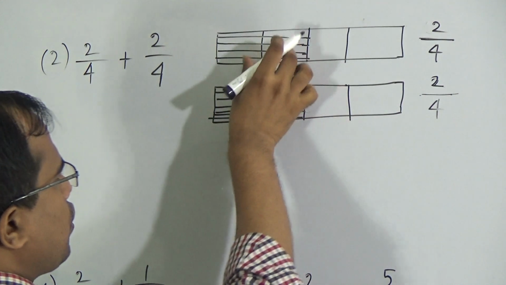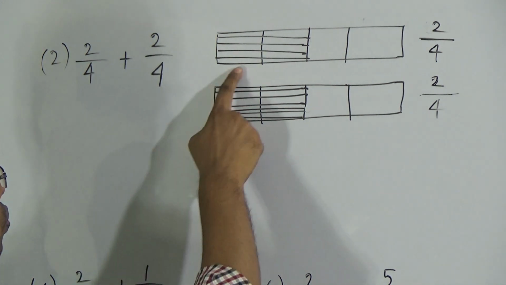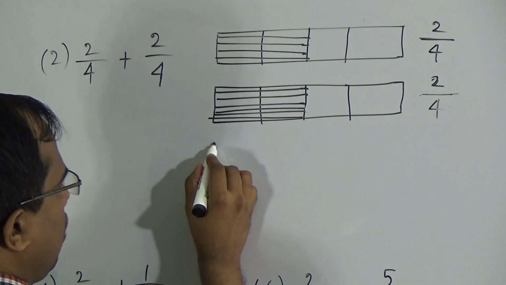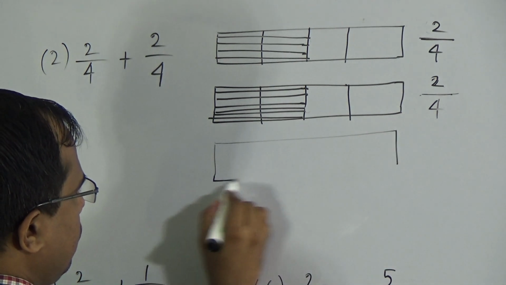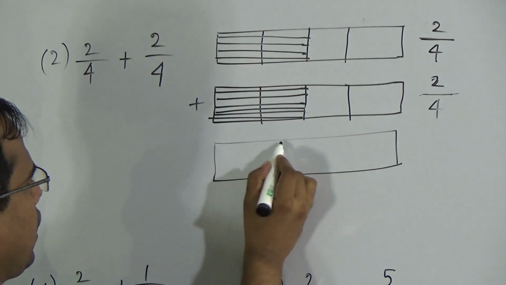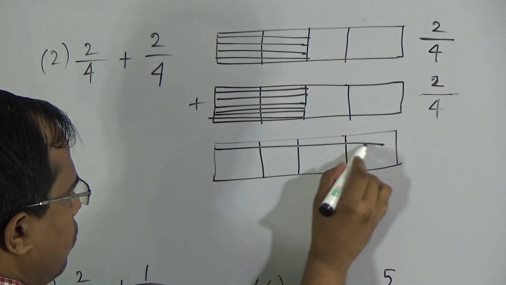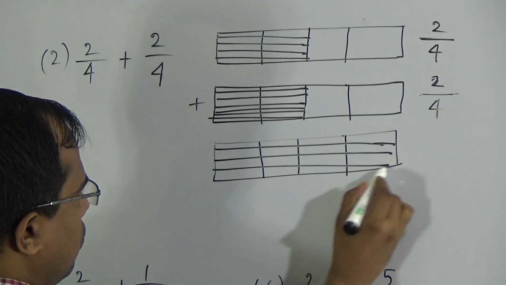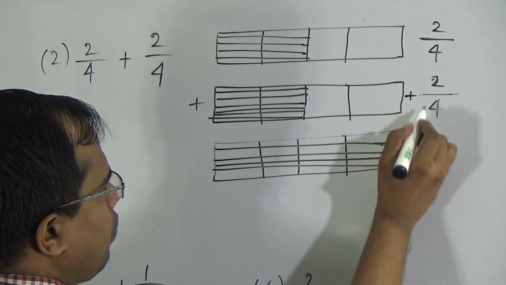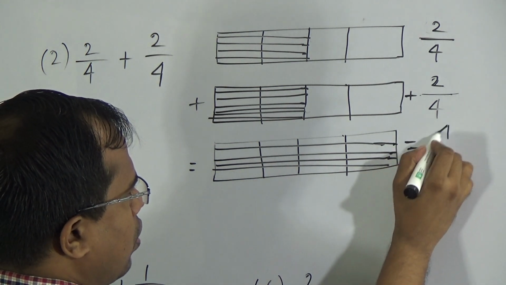Now if we add these 2 parts, here in total we have taken how many parts? 1, 2, 3, 4. That means we have taken total 4 parts. If we add this fraction with this fraction, then it will be 4 out of 4. That means 2 by 4 plus 2 by 4 is equal to 4 by 4, 4 out of 4.